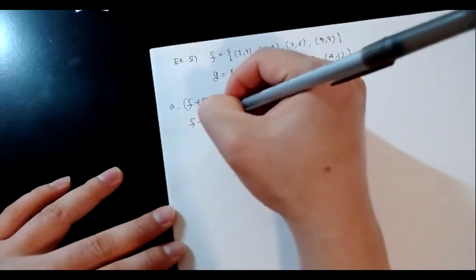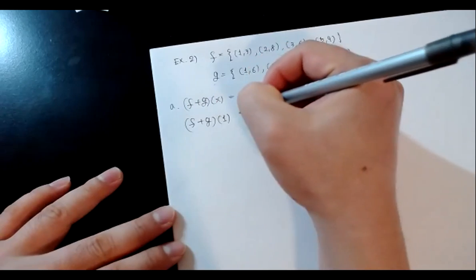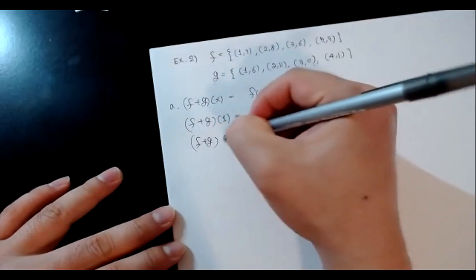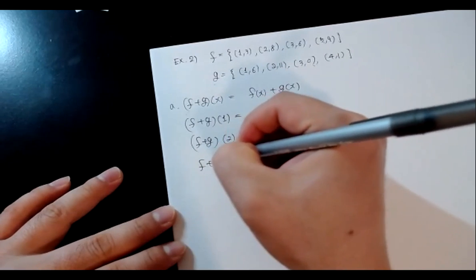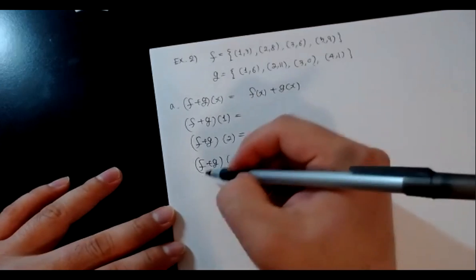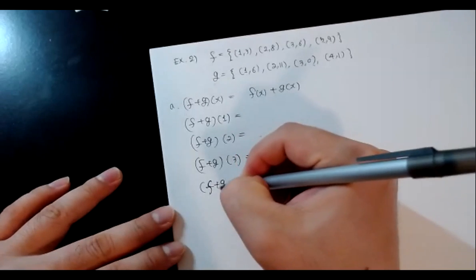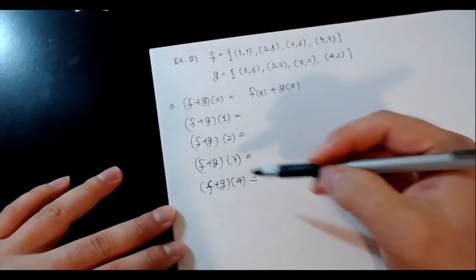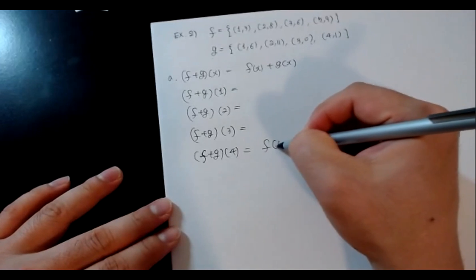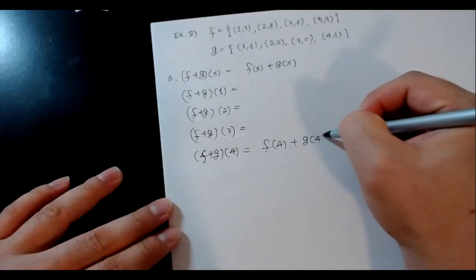Okay, so let's see, f plus g of 1, and then f plus g of 2, and then f plus g of 3, and then f plus g of 4. Now think about this: f plus g of 4 means what? f of 4 plus g of 4.